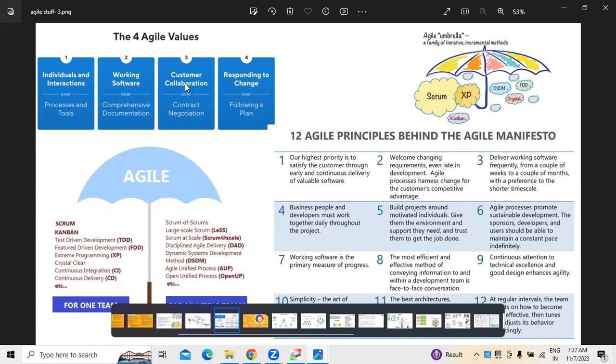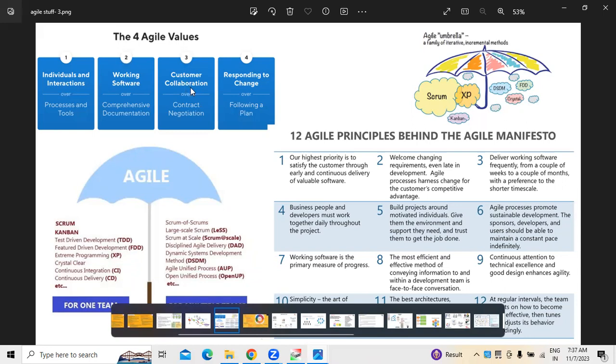If you are not satisfied with a user story, or if you want to make any improvements to a particular user story, we can do that a number of times. There is a facility. That's where responding to change comes into the picture. Last minute changes can also be made in Agile. So these are the 4 Agile values which we normally follow whenever we are working in an Agile environment.